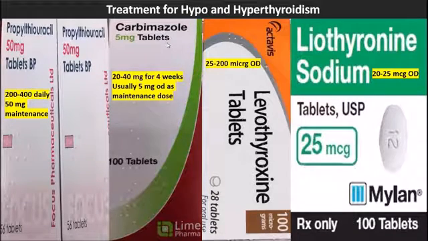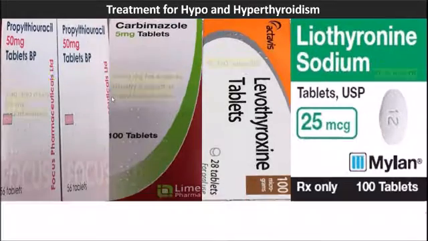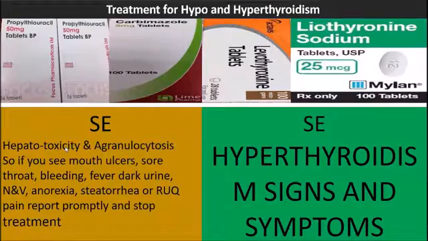The carbimazole is used also in the block and replace regimen, and also for maintenance treatment for hyperthyroidism. And the propylthiouracil is also used as a maintenance, although the carbimazole is usually preferred. And then side effects, both of them cause hepatotoxicity and agranulocytosis, which is a decrease in white blood cells.